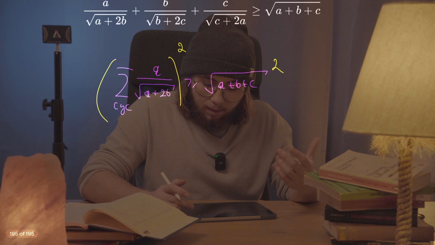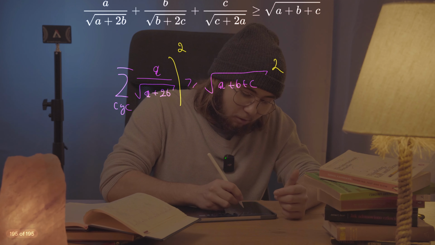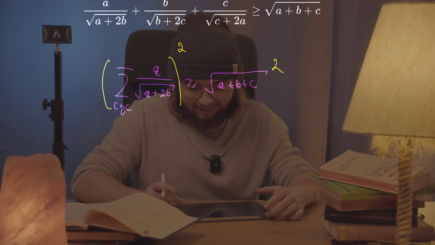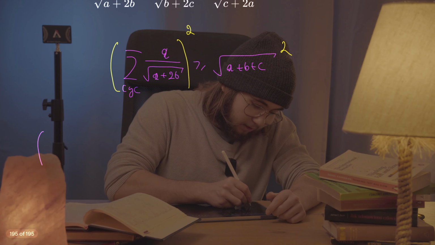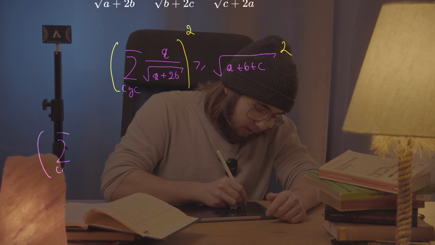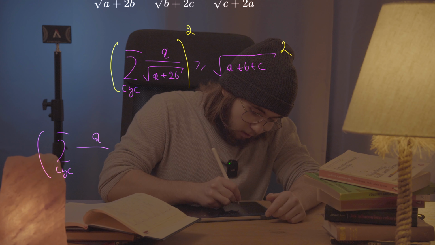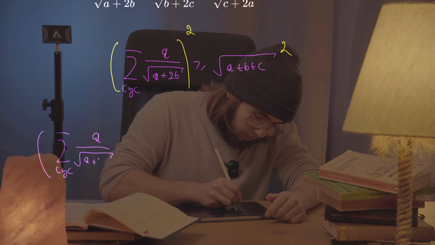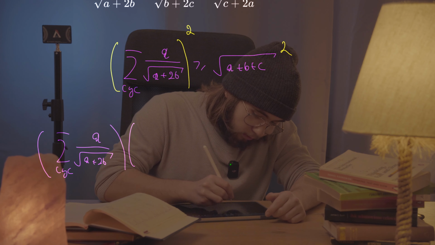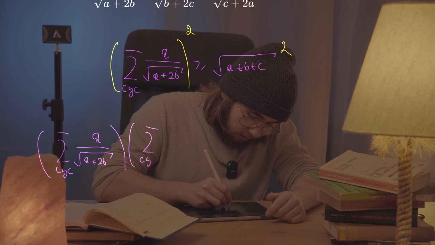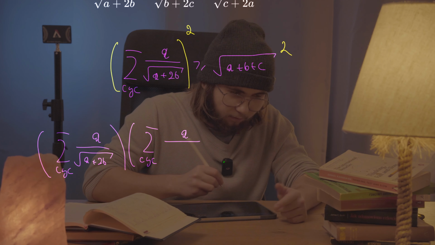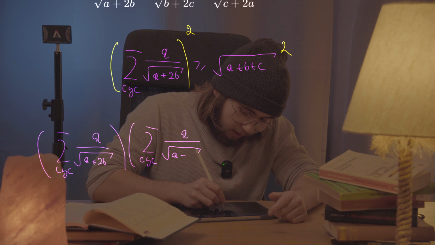What I'm gonna get after doing this will be the cyclic sum of a over the square root of a plus double b multiplied by the cyclic sum of a over the square root of a plus double b.